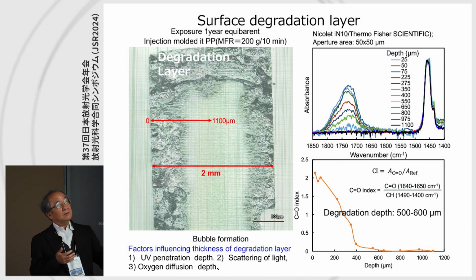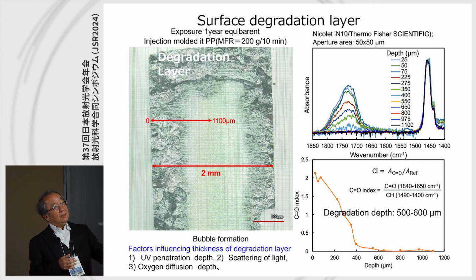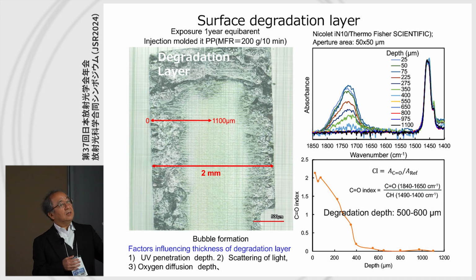So this is a cross-section, and the degradation layer reached more than 600 micrometers. This layer is in a highly oxidized state, and we can also see bubbles inside this degraded layer. The center is almost pristine polypropylene.